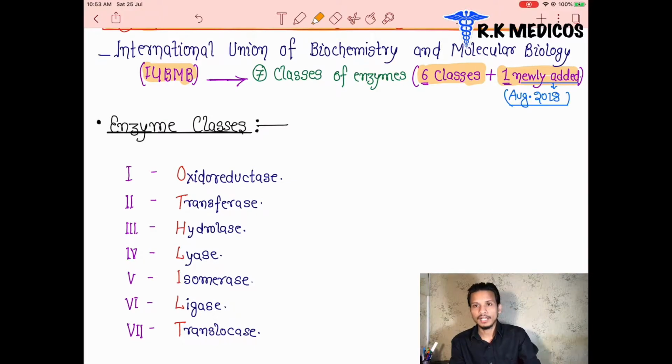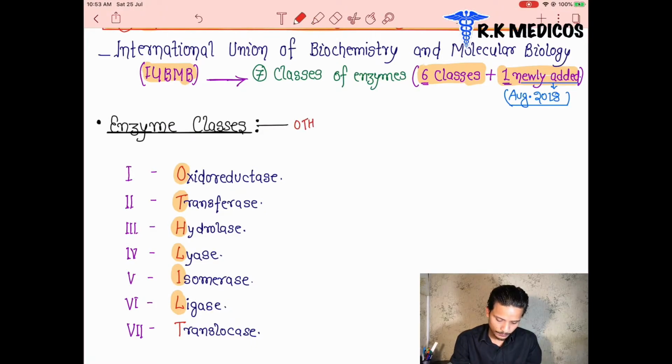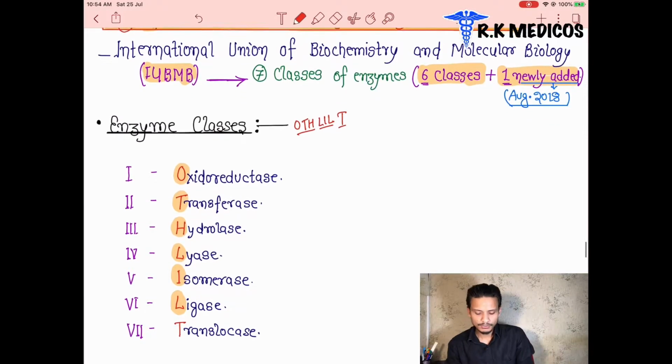The trick for memorizing the classes or names of these enzymes is OTHLIL and T. You have to memorize OTHLIL, and after that you can remember T from anything.